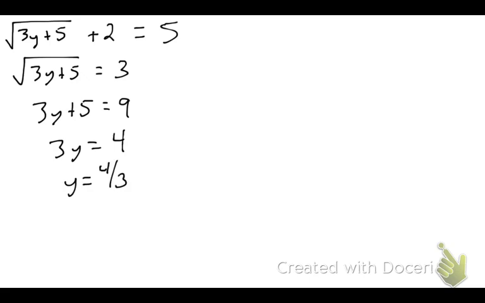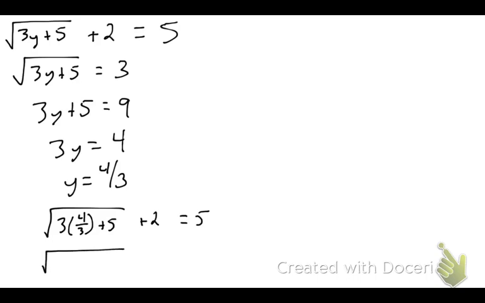And again, we need to check. So this would be the square root of, I'm going to write it out, 3 times 4/3 plus 5, plus 2 should equal 5. Well, 3 times 4/3 is just 4.